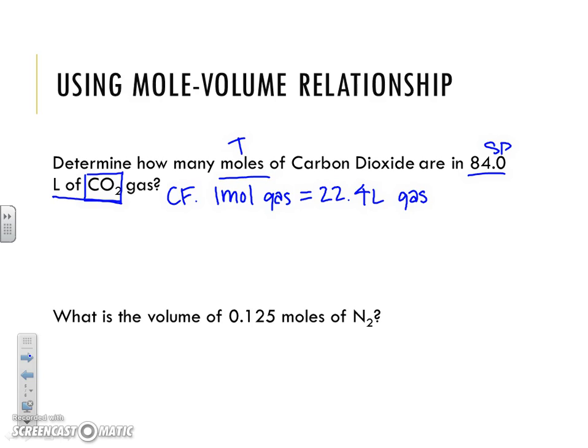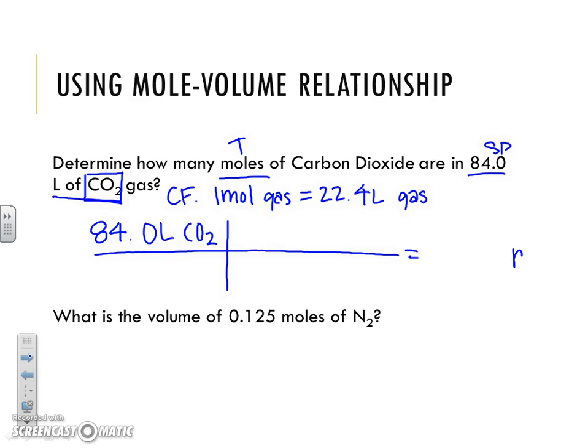This is going to be just a simple dimensional analysis for us. We can begin with our starting point, which is 84.0 liters of CO2. Then we can look at our relationship, which is liters to moles, and we know that our target is moles of CO2.